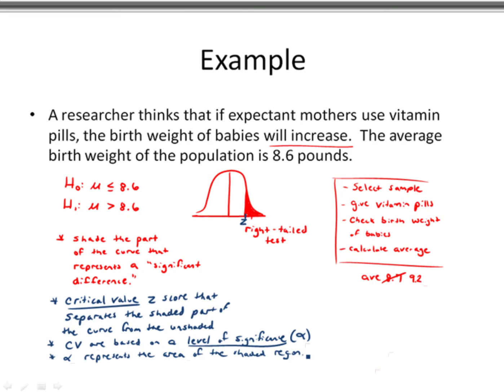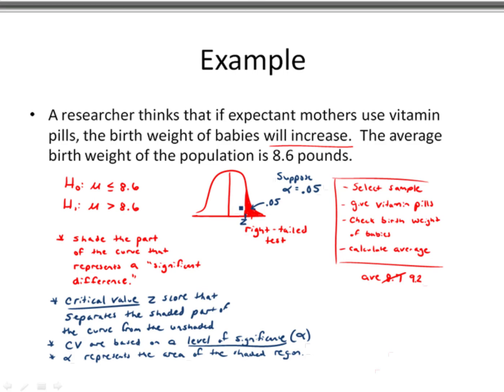Okay, so let's look at this problem. And again, they're going to tell you an alpha value. So let's suppose that they tell you that alpha is 0.05. Now remember that alpha represents the area of the shaded region. So that means that this area is 0.05. And my job now becomes, I need to use my table E to look up this Z-score that corresponds to this particular picture on the curve.